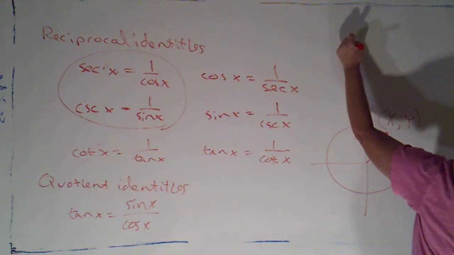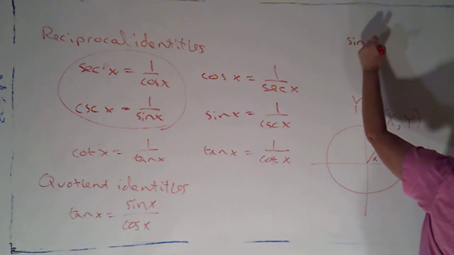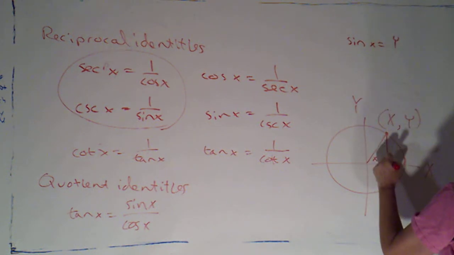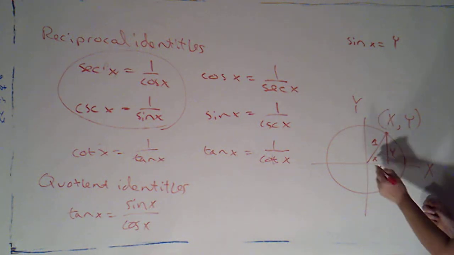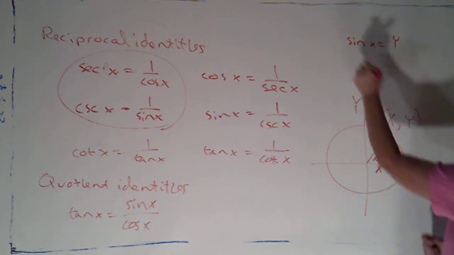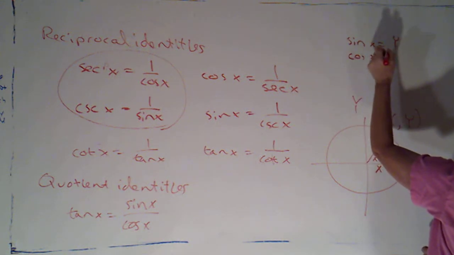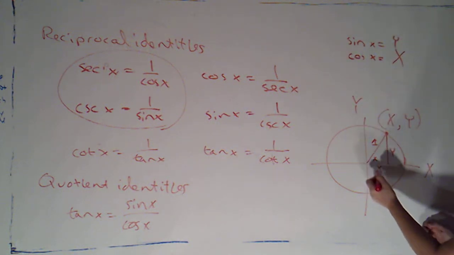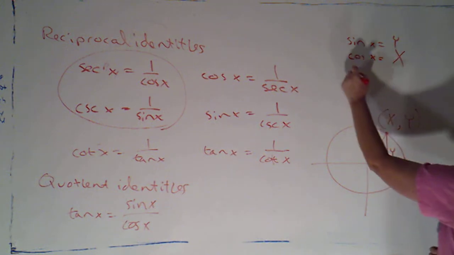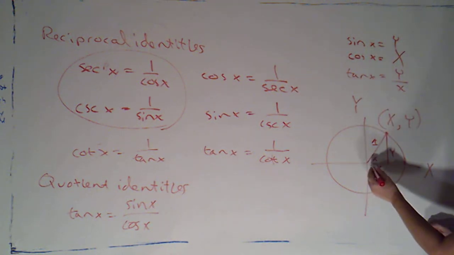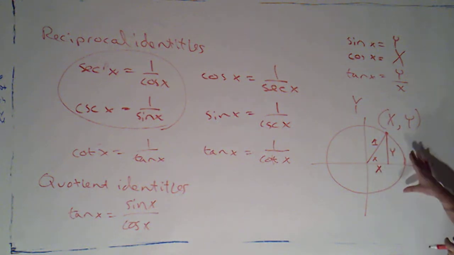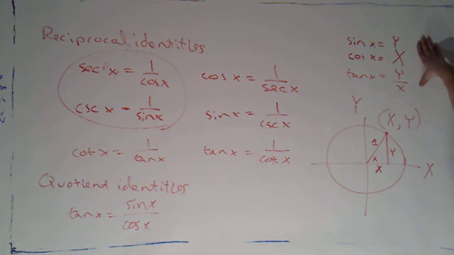And the unit circle definition is that sine of little x is capital Y, because this would be x, y, and 1, and just using SOHCAHTOA, I get y over 1. Cosine of x is capital X, that's adjacent over hypotenuse, and tangent of x, just using SOHCAHTOA, I would get y over x. This helps me to remember these are my unit circle definitions.